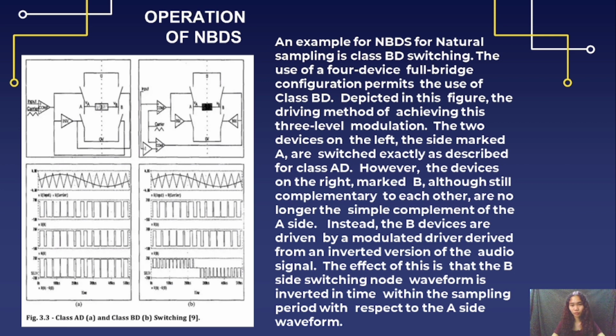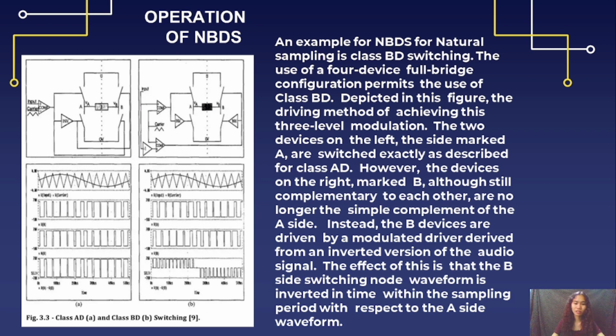An example of NBDS for natural sampling is class BD switching. The use of a 4-device full bridge configuration permits the use of class BD. Depicted in this figure is the driving method of achieving this 3-level modulation. The two devices on the left, the side marked A, are switched exactly as described for class AB.